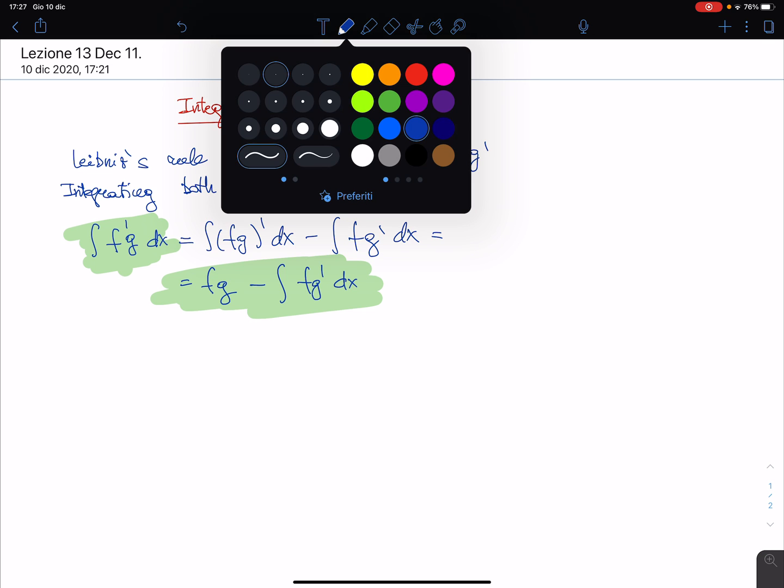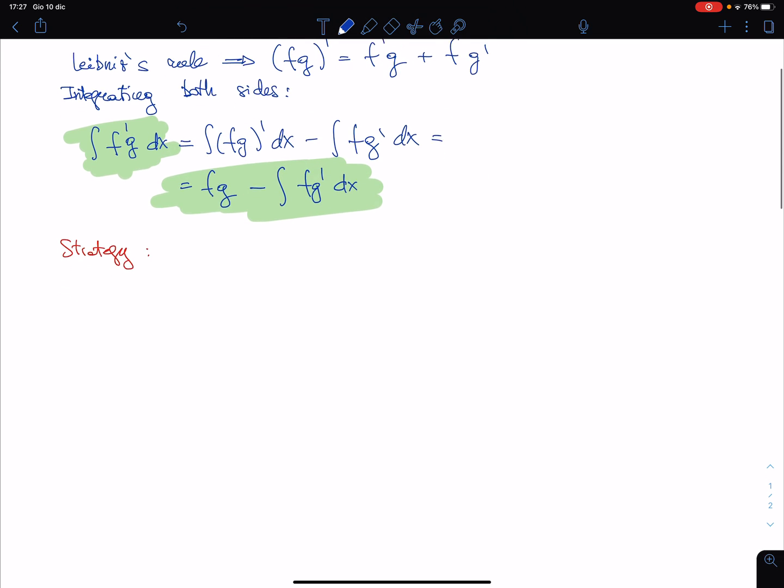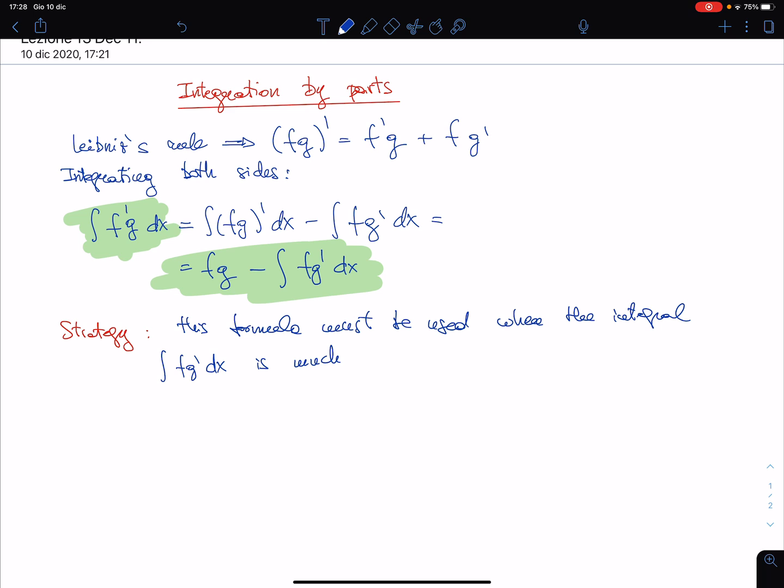But the strategy is that this formula has to be used when the integral that we end up with, the integral at the right hand side, f g' dx, is much better, much easier than the integral of f' g dx.